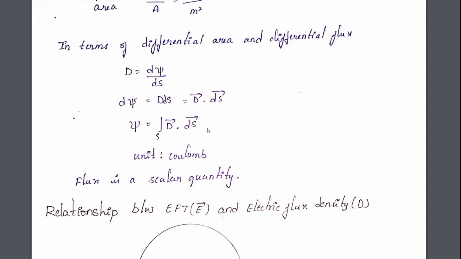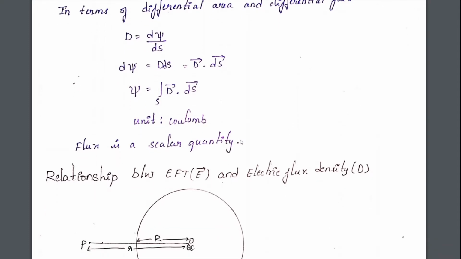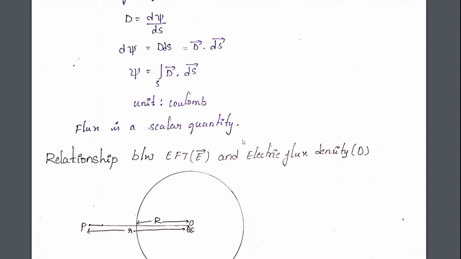So psi is equal to the surface integral of D dot ds. You should know that if it is ds, the integration is denoted by S, that is double integration. Line dl means it is single integration. If it is dv, that is volume, it means triple integration. And the unit for flux is coulomb and it is a scalar quantity. This is the relation between flux and flux density.